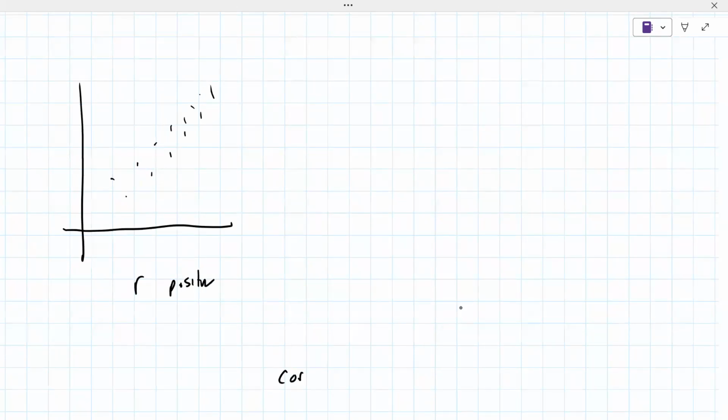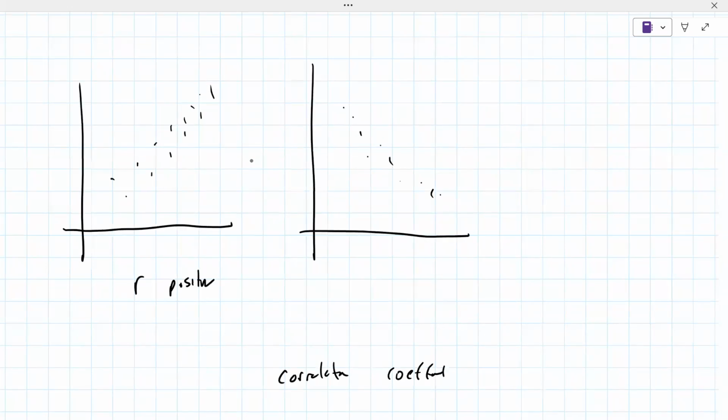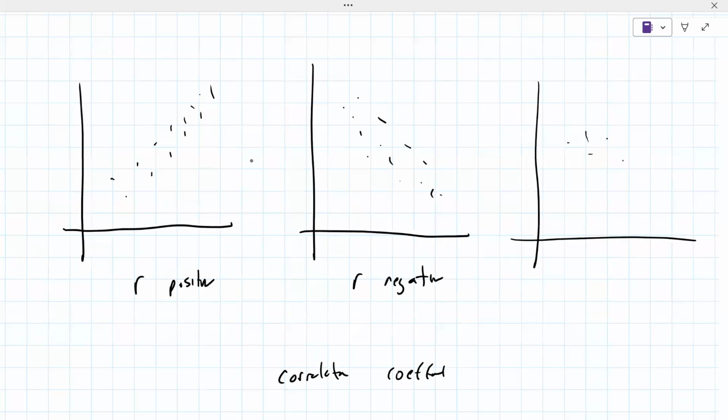That's the correlation coefficient. And you can just remember that it goes the same direction as the slope. So R is positive when it goes up and to the right. If the data goes down and to the right, that's R negative. And if it's just going horizontal or it's all over the place, R equals 0.